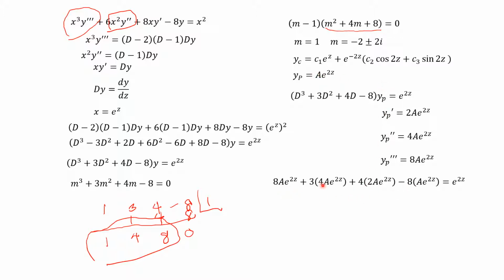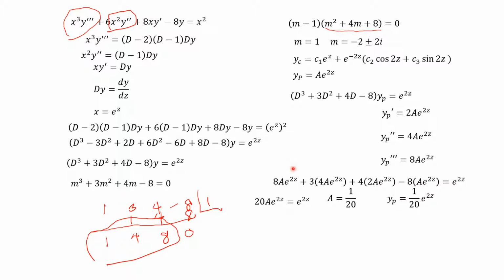This is 8 plus 12 plus 8 minus 8. That just gives you 20. 20a e to the 2c equals e to the 2c. You can solve for a here. Of course, your a is 1 over 20. And then plugging it in yp is a e to the 2c. You get yp is 1 over 20 e to the 2c.